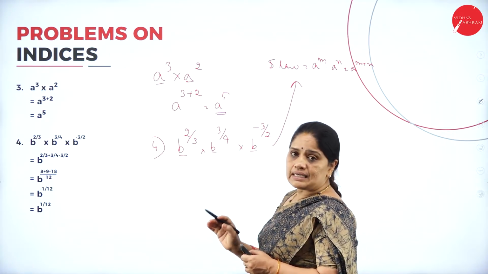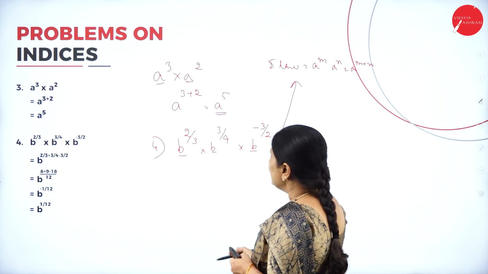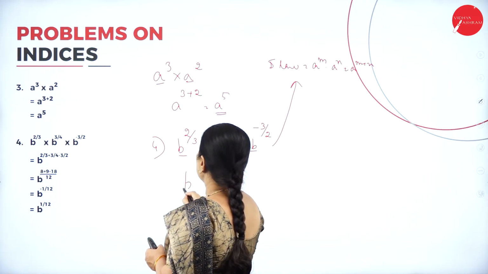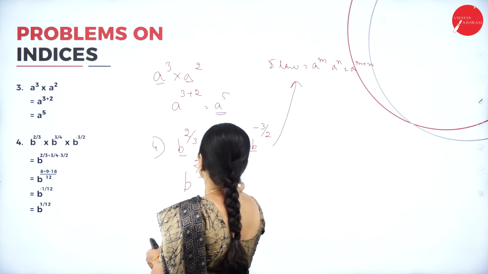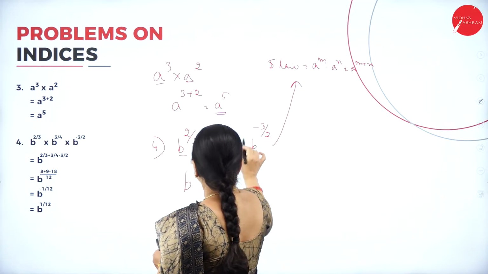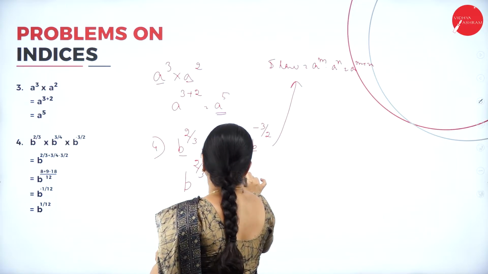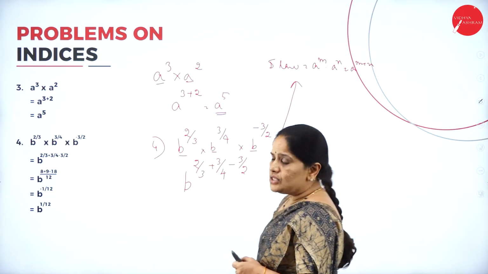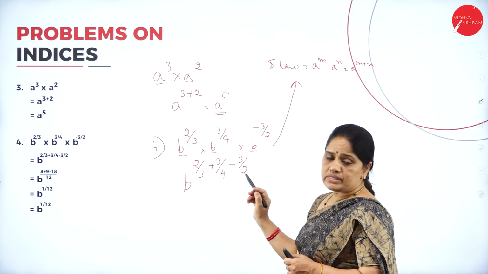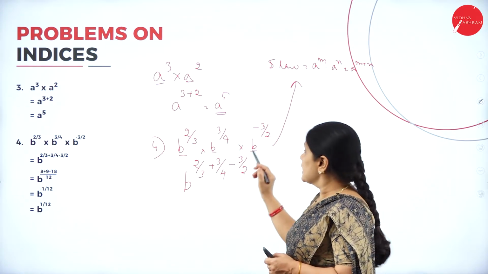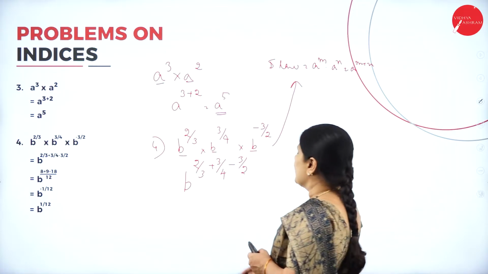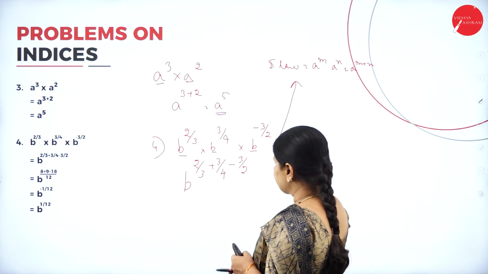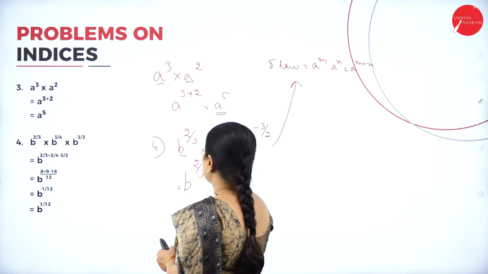When the bases are same, the powers can be added. So, it will be b to the power of 2 by 3 plus 3 by 4, and there is a negative sign here, so you write it as it is. Whenever there is a negative sign, we have to take extra care to write that negative sign when we are calculating. So this is the expression we derived.